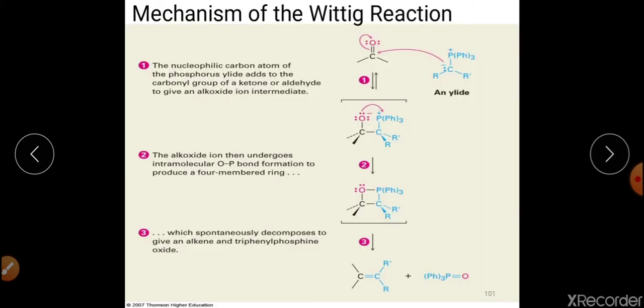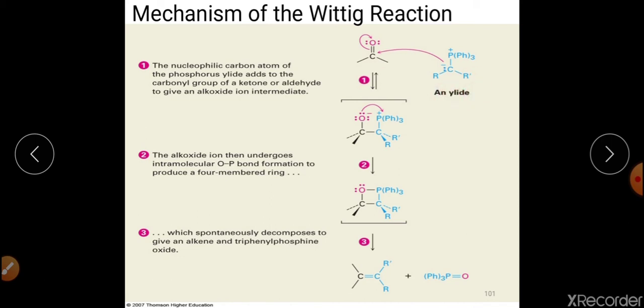The mechanism of this reaction is very important, and how the reaction proceeds is shown in this particular mechanism. This is your carbonyl group and this is your ylide.